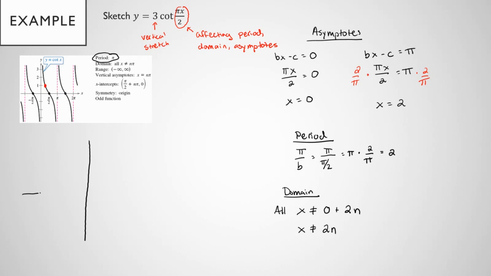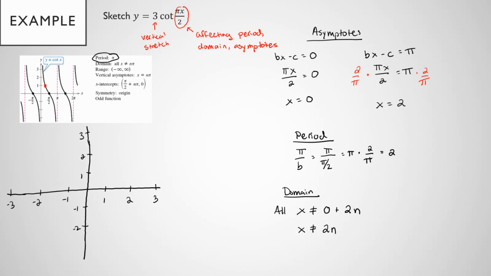So once I've labeled those, I'm going to draw. Because my asymptotes are at 0 and 2, I'm going to just count by ones. I could count by twos if I wanted to, but you want to count some way that makes it a little easy for you. And then 1, 2, 3, -2.